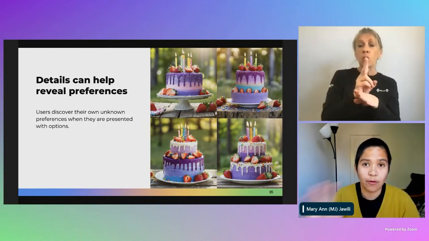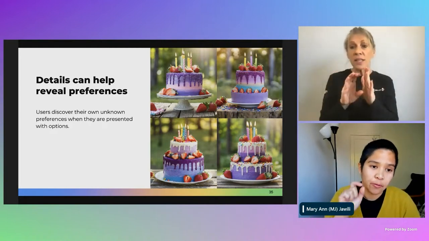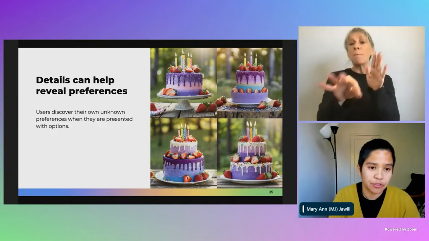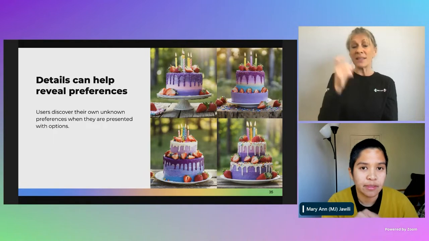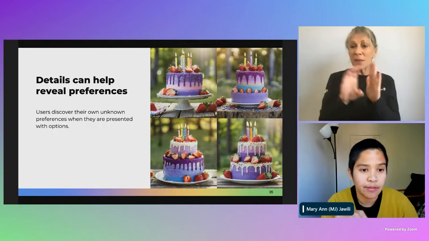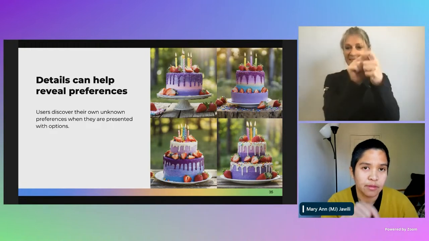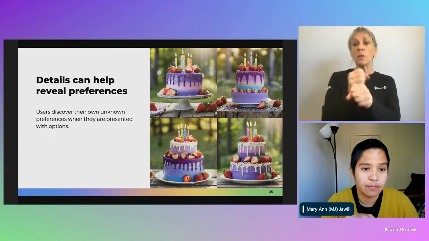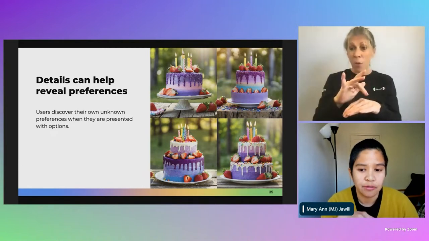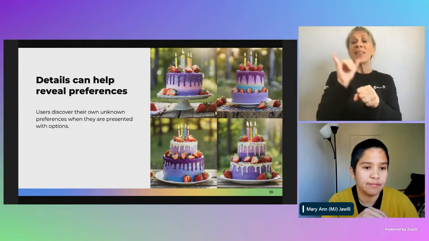They generate 4 images that are very similar, and somehow they land on one particular image eventually. And that's because there's something about this image that makes it different from all the others, and they like that detail about this image. We need to make these details available so that blind and low vision users can make that same informed decision.